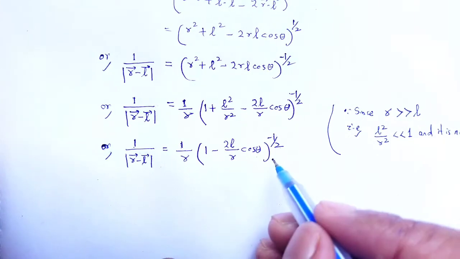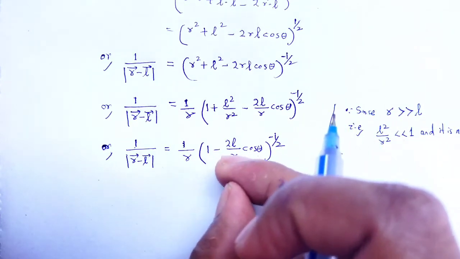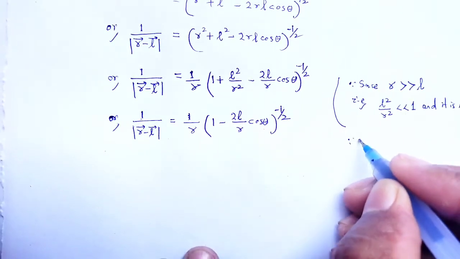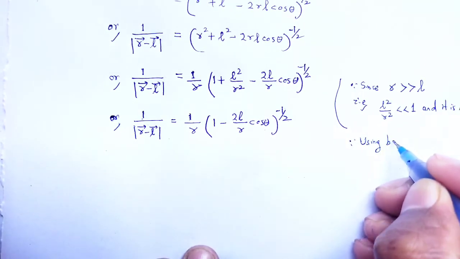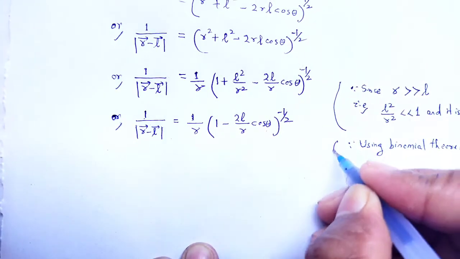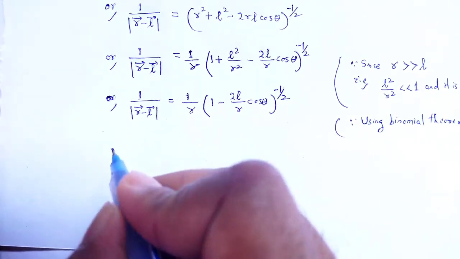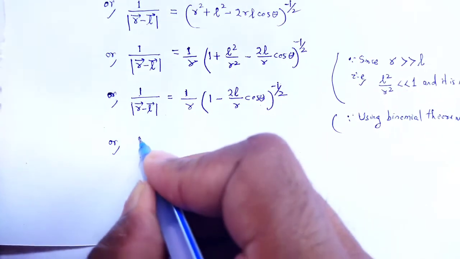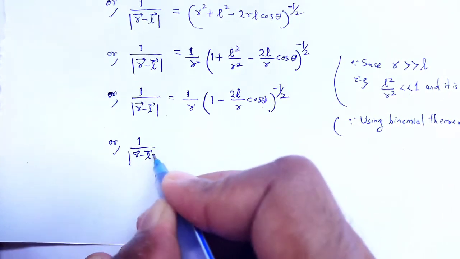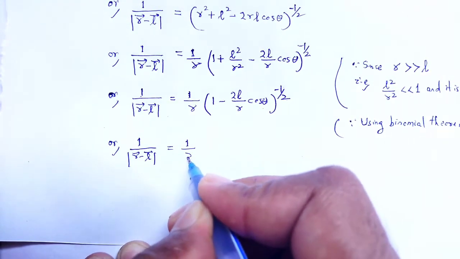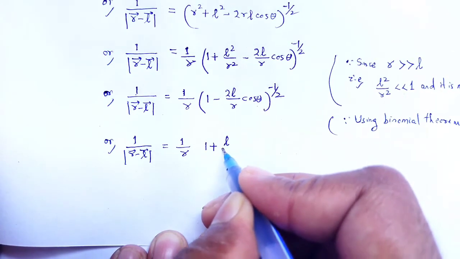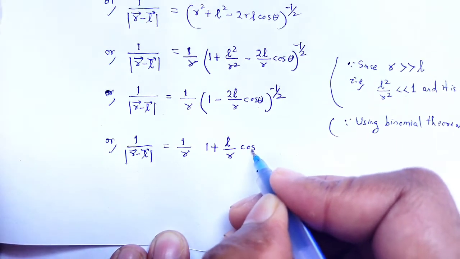Using the binomial theorem to expand 1 minus 2L divided by r cos theta to the power minus half, we have 1 divided by the magnitude of r vector minus L vector is equal to 1 by r times 1 plus L by r cos theta.